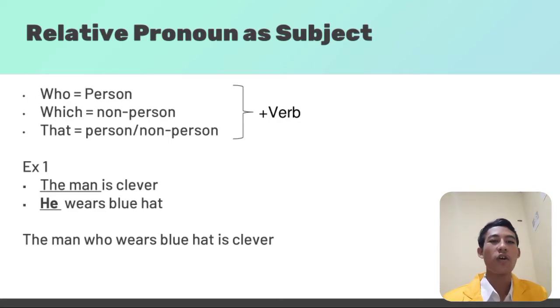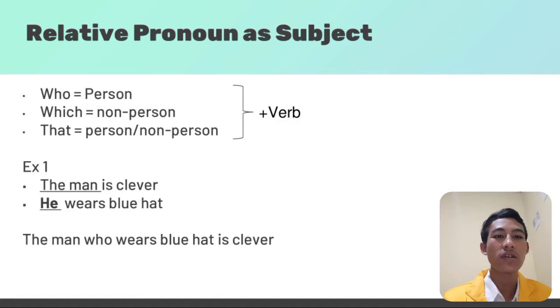The pattern of relative pronoun as subject is conjunction plus verb. So let's go to the example. Example 1. The man is clever. He wears a blue hat. Remember, adjective clause consists of two clauses. The man is clever is called main clause, and he wears a blue hat is called sub clause.